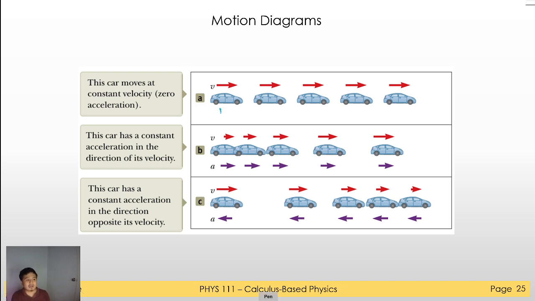We could also determine the distance between them is constant at these intervals. Now, this car has a constant acceleration in the direction of this velocity. Let's say you have a car that is, from rest, increasing its velocity up to some terminal velocity, for example. We can see the change in velocity gradually increasing over time.